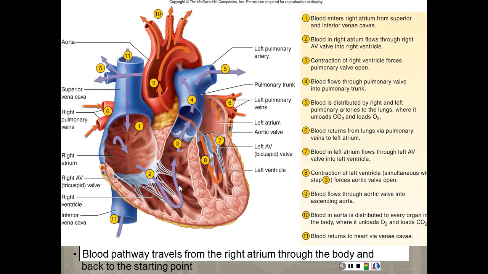While this is contracting, getting the blood out, the tricuspid valve closes, and blood goes outward through the pulmonary valve, out through the pulmonary trunk to our left and right pulmonary arteries. Where's it going to go? It's going to go to the lungs for gas exchange, where it's going to pick up oxygen, get rid of the carbon dioxide, and bring that oxygenated blood back to the heart via the left and right pulmonary veins.